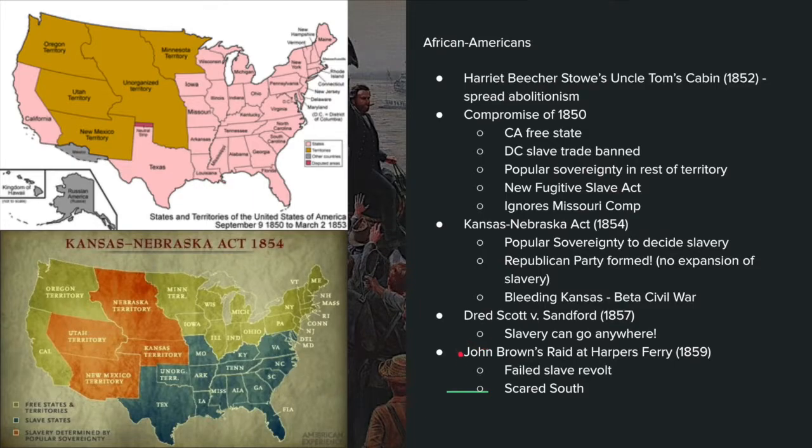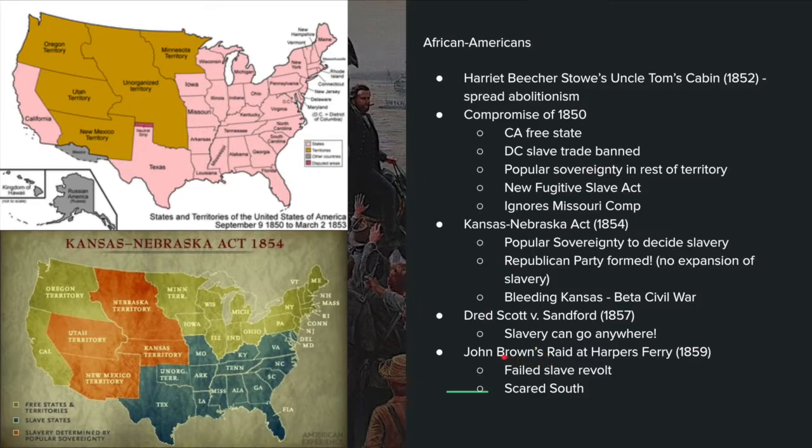We also have John Brown's raid at Harper's Ferry. John Brown is this crazy bearded dude who is going to lead a slave revolt. John Brown is white, by the way, but he is going to get a bunch of African Americans. They're going to go to Harper's Ferry and try to steal a bunch of guns from the U.S. government. And it fails, okay? John Brown and most of his followers are going to die in that raid.